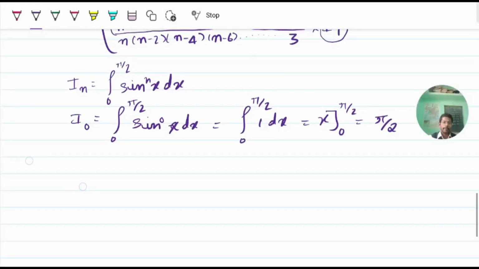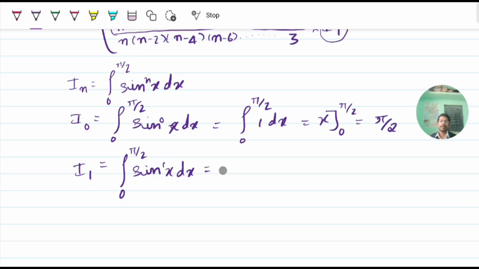Then for I1 is equals to integration over 0 to pi by 2 sine power 1 x dx, which is equals to integration of sine x dx is minus cos x, the limits are 0 to pi by 2.